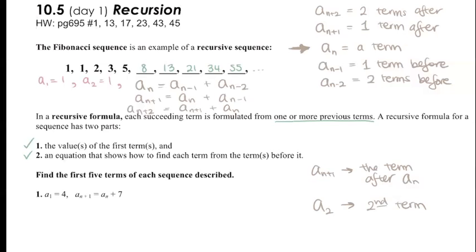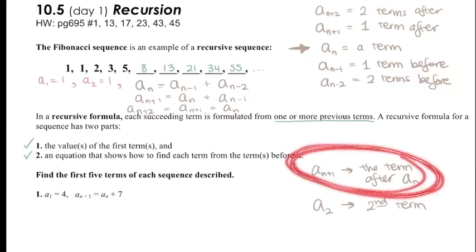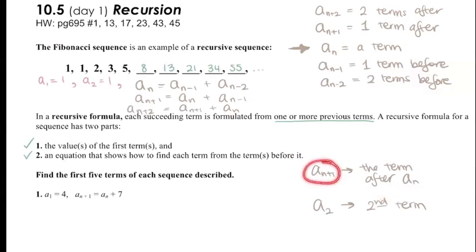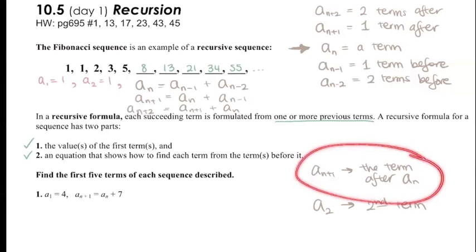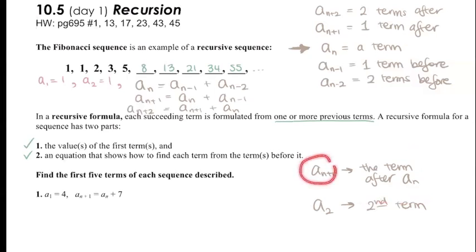Like if a sub n is a sub 3, then a sub n plus 1 is a sub 4. If a sub n is, let's say, the 10th term, a sub 10, then a sub n plus 1 is the 11th term. So this just means the next term.